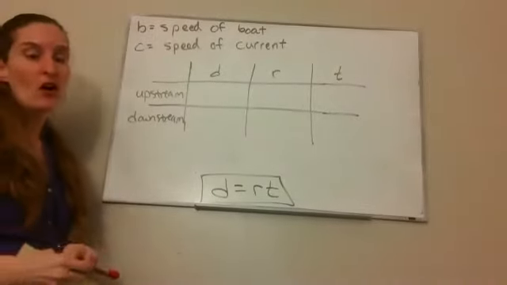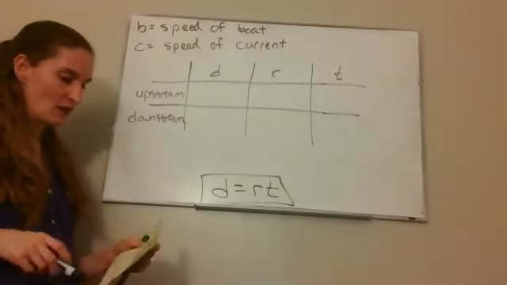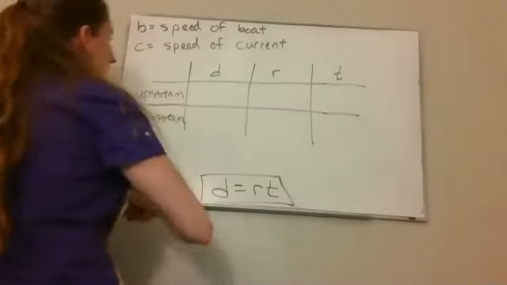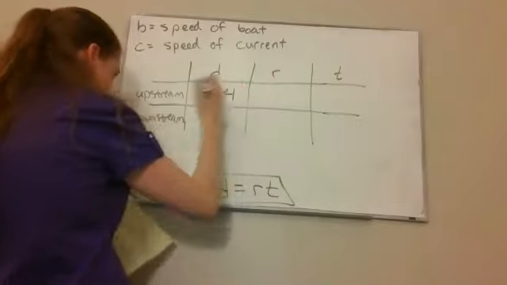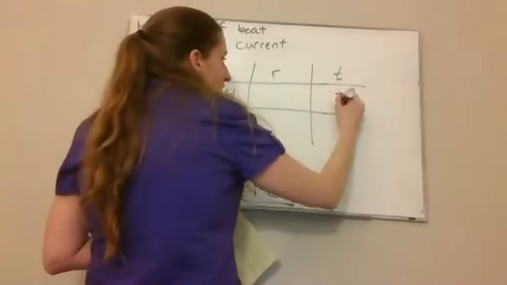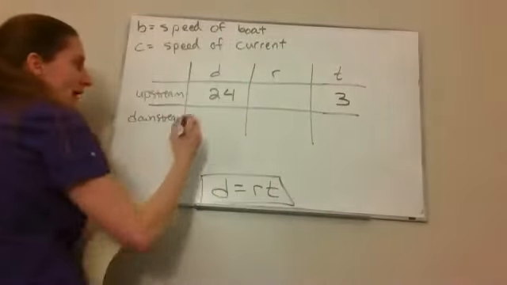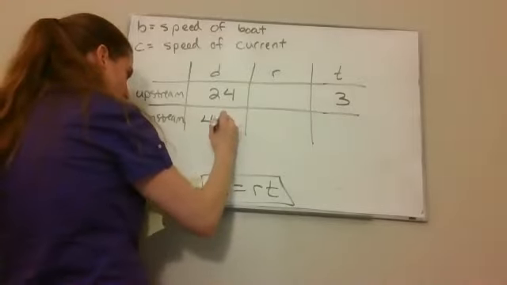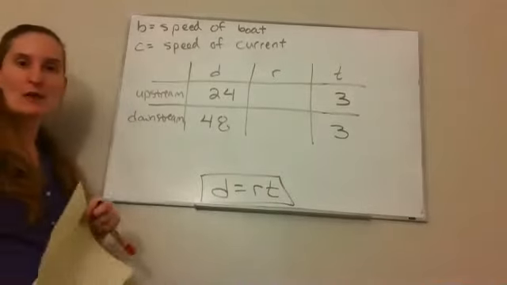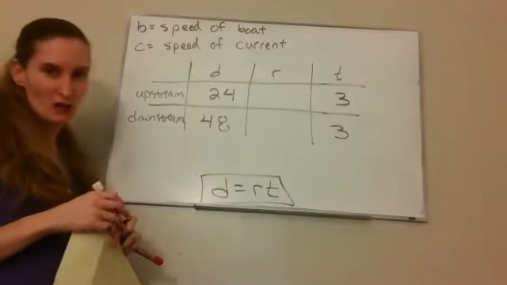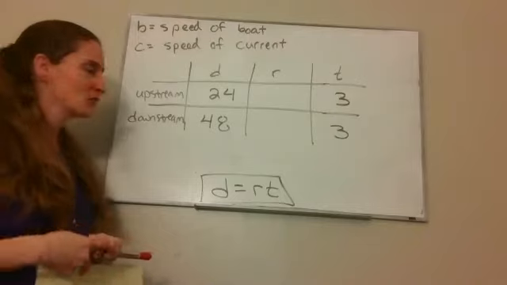So according to all that info that the problem gave us, upstream, I can go a distance of 24 miles in 3 hours. And I know I can go downstream 48 miles in the same amount of time, so also 3 hours. The rate is the kind of tricky part, but we can figure it out.